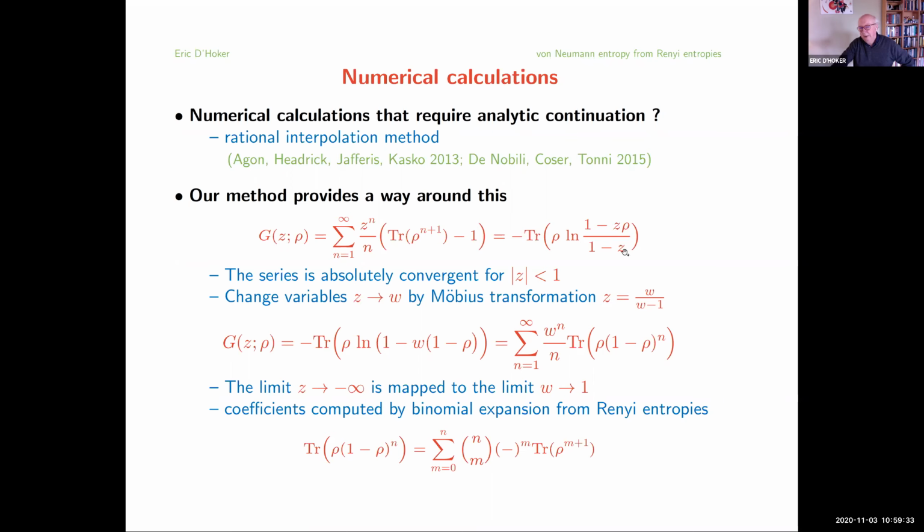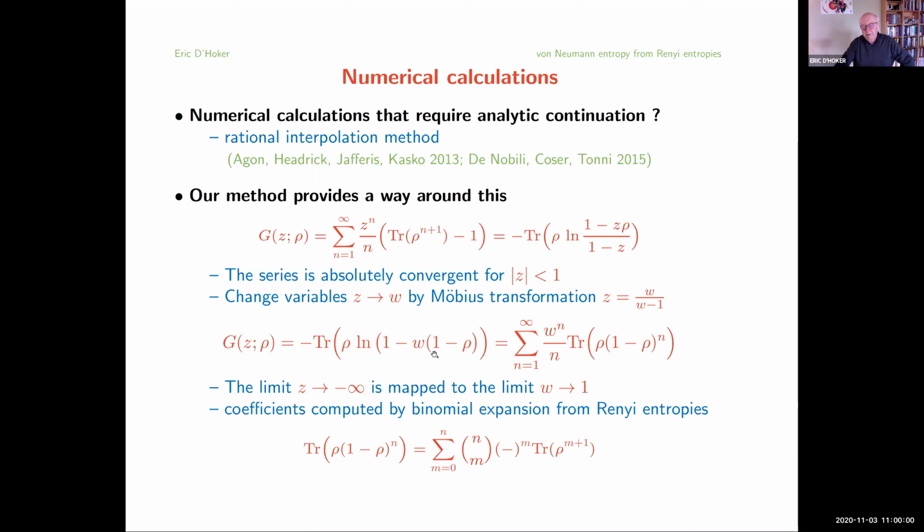This is easily worked out. After all, this is a Möbius transformation itself. And so what you get is G of Z of rho is the trace of the log of, the trace of rho times the log of 1 minus W times 1 minus rho. Or if you expand it in powers of W now, it's this expression.